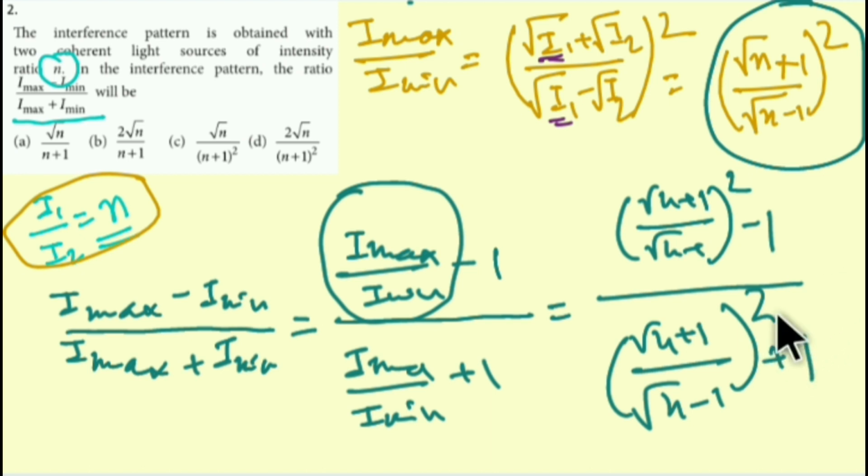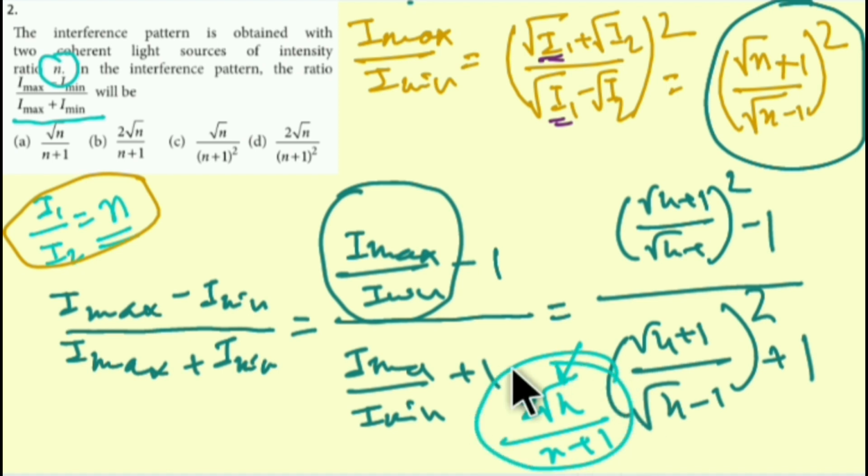This will give you the result 2 root n by n plus 1. So option B will be the correct answer.